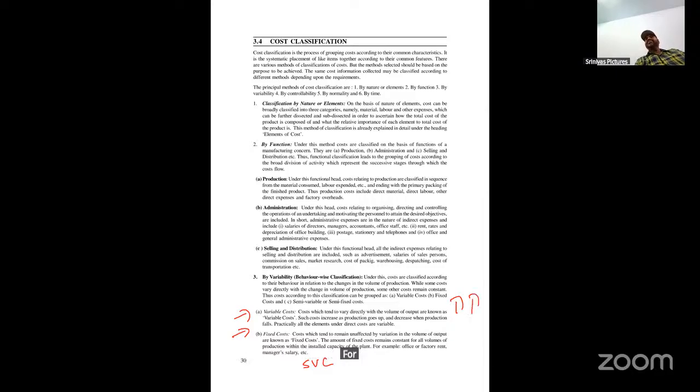For example, I will tell you one example of variable cost. If you want to purchase eggs, for example, for two members, two eggs are required. If a third person is added, automatically what do we do?